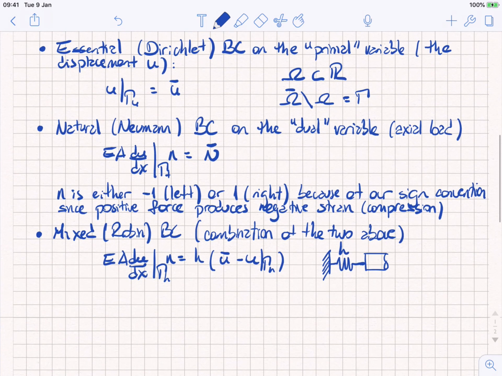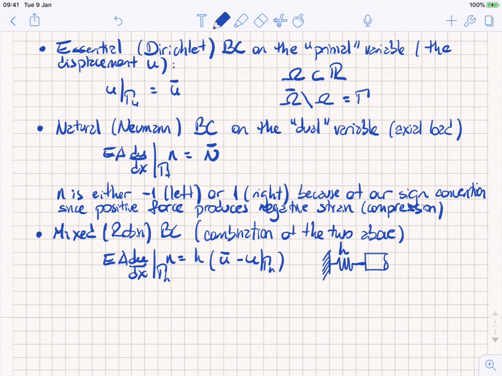So now that we have seen the types of boundary conditions and we have the equilibrium equation, we are ready to formulate what, as I said earlier, is called the strong form of the boundary value problem. Whenever you hear boundary value problem, it's not just the equation that you're solving. It's equation plus boundary conditions. And it is called strong because you have to satisfy that equation strongly, meaning at every point in your domain, that equation has to be valid.